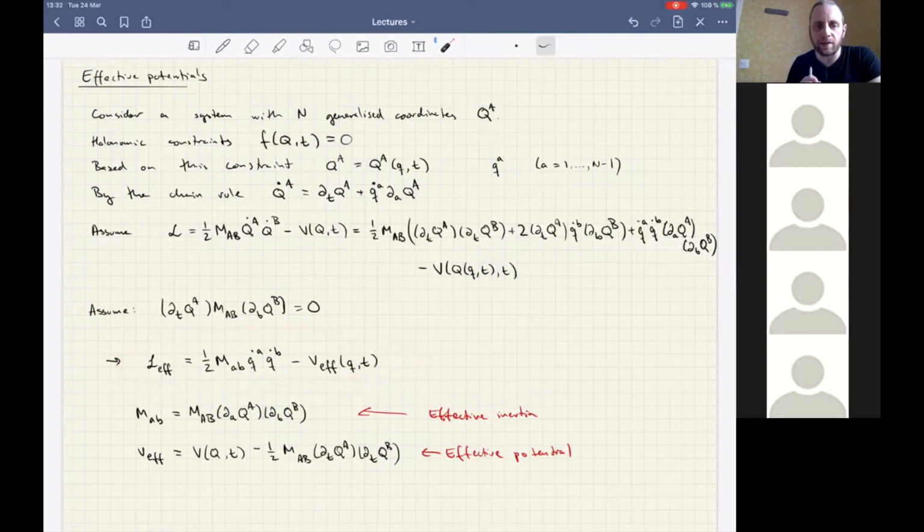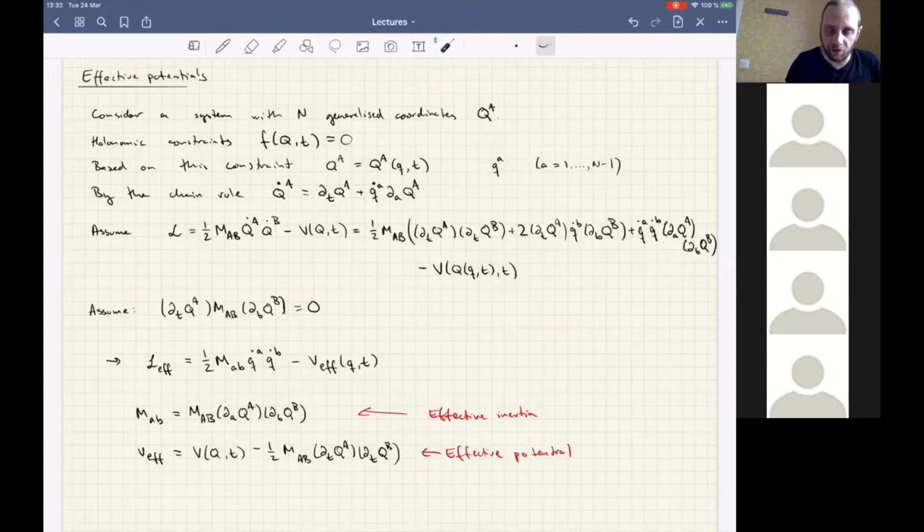What it is essentially telling us is that with the kinetic metric that we have, with this metric M_AB, the change in the capital Q's when you change t is orthogonal to the change in the capital Q's when you change the coordinates.